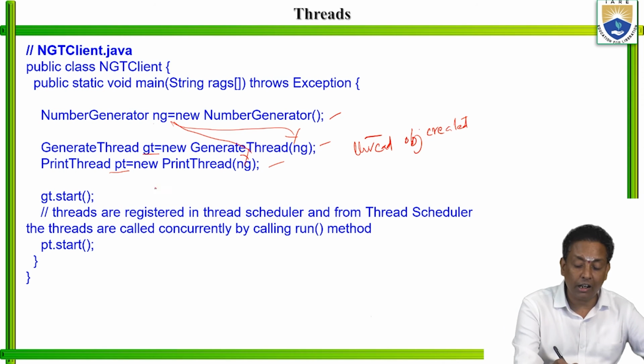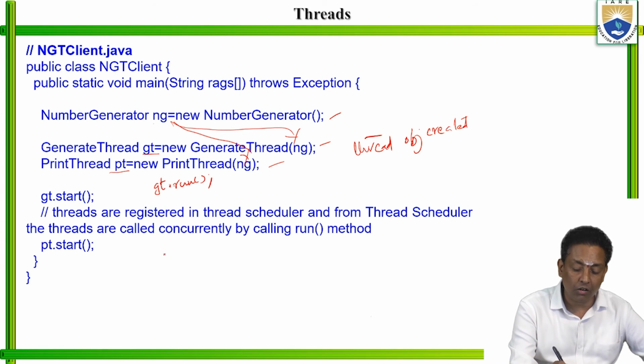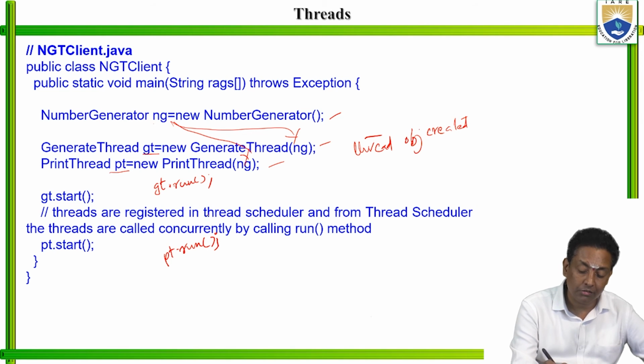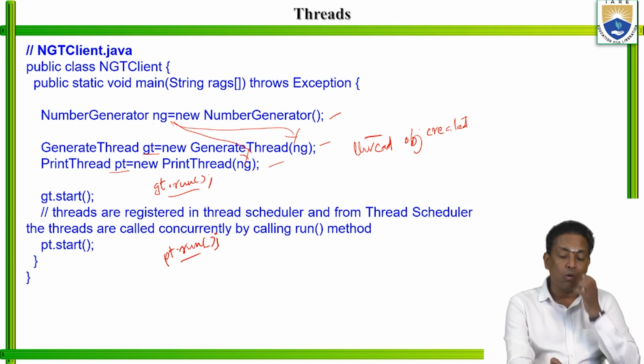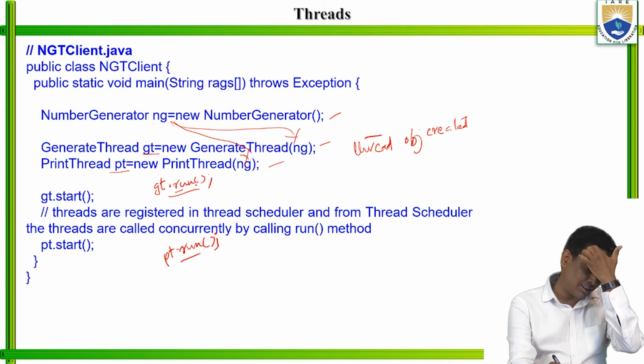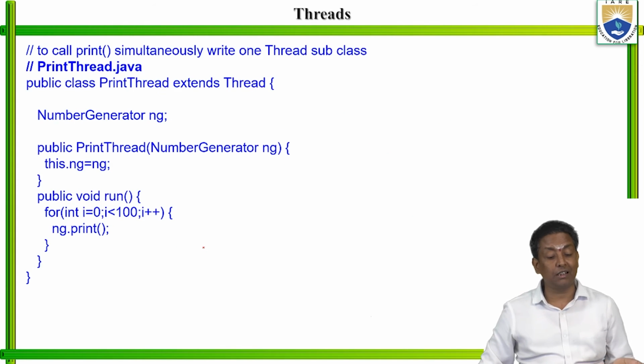We should not directly call generateThread.run. We should not make that mistake. We should not directly call printThread.run. What happens if you call it? Many students and developers ask what happens if I call the thread object's run method directly, because the run method is present in the thread class.